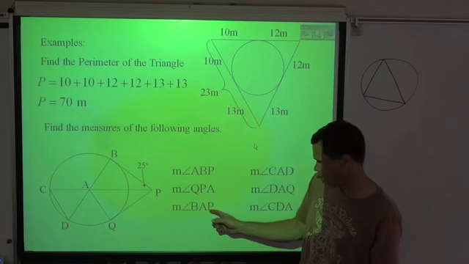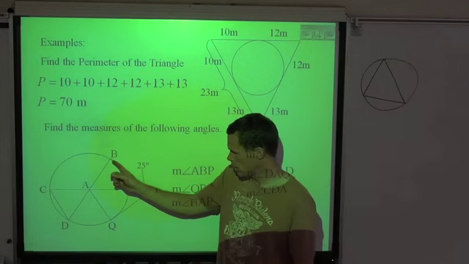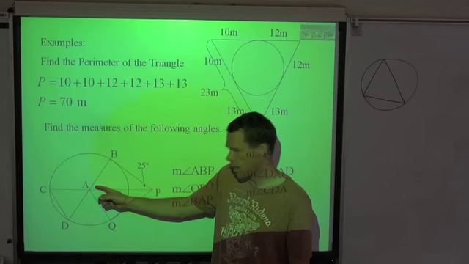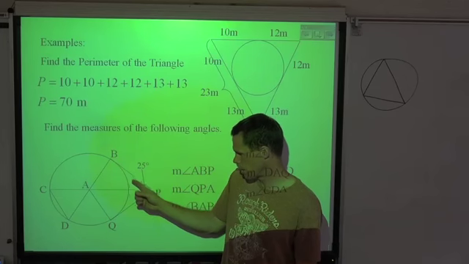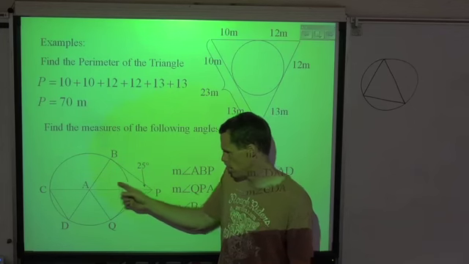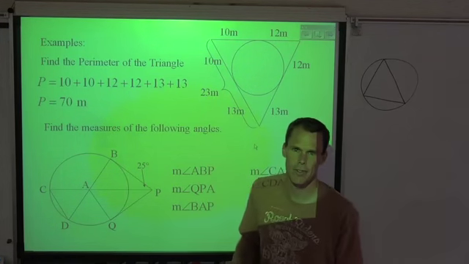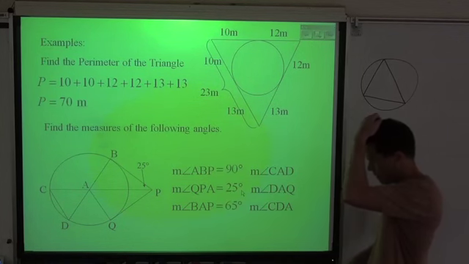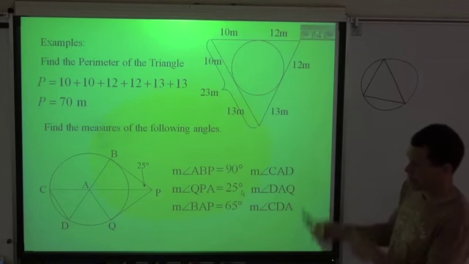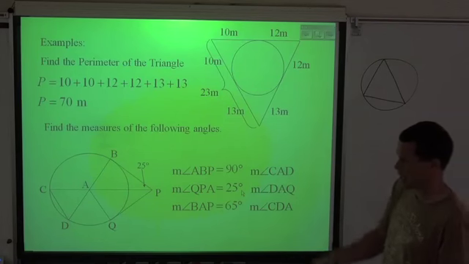And our final angle of BAP, well, that's this angle here, and all we have left is the triangle sum theorem. We already have 90 used up here, 25 used up here. We have 65 degrees left of our 180 degrees. So 90, 25, and 65. Now we can go to other parts like angle CAD.